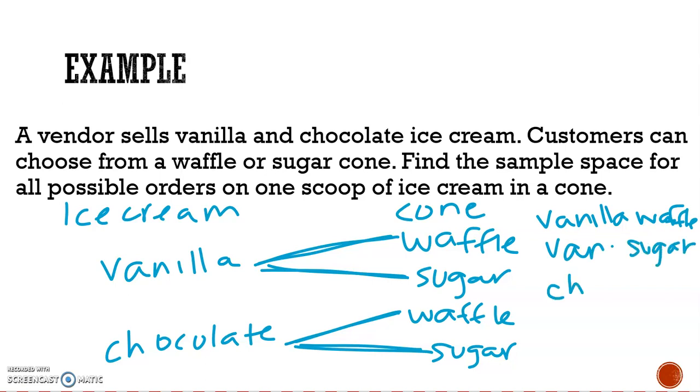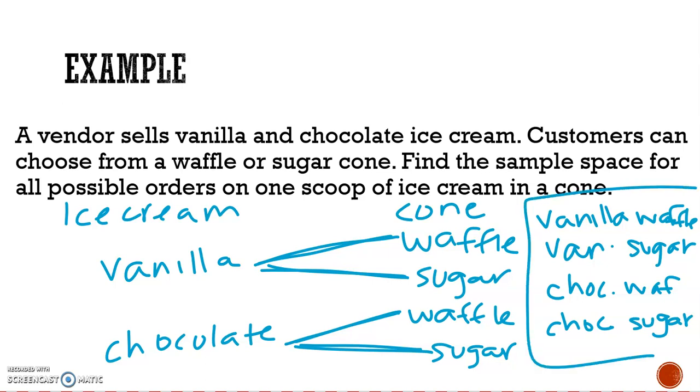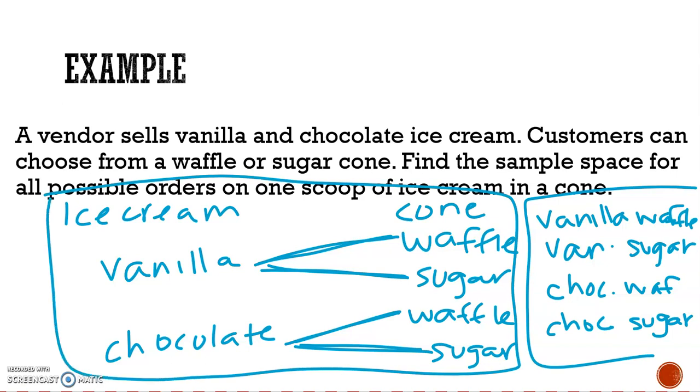You can get a chocolate and waffle cone, or you can get chocolate ice cream with a sugar cone. So these are your four possibilities. So this is your sample space. What we did over here is called the tree diagram. Okay, so you can see the lines, that's considered your branches.